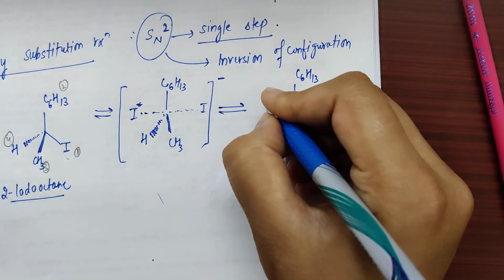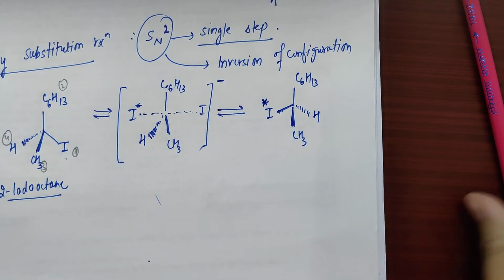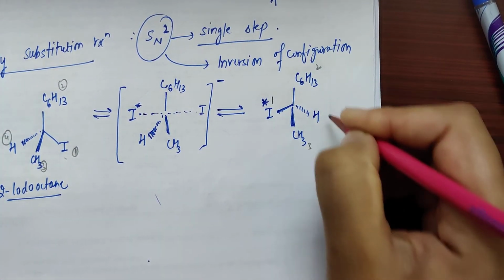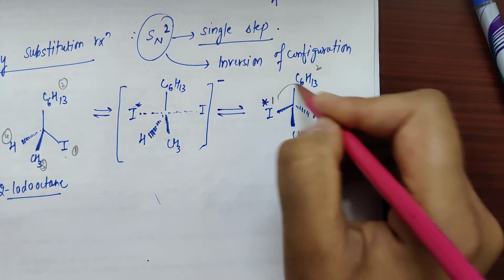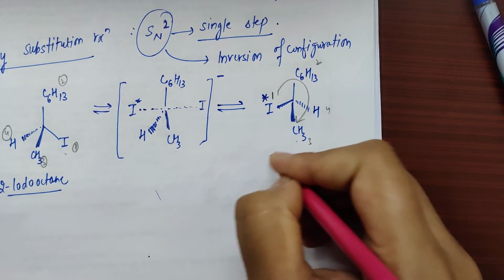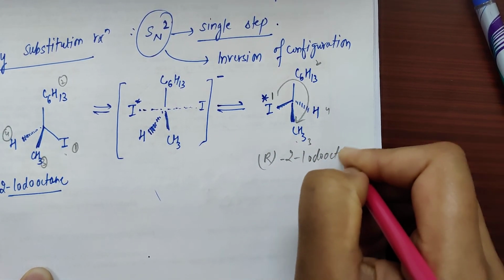Now this iodide is radioactive. Now if you assign the priority order, this is first, this is second, this is third, this is fourth, fourth is away from the viewer, rotation is clockwise. Clockwise rotation means R configuration, so R-2-iodooctane.